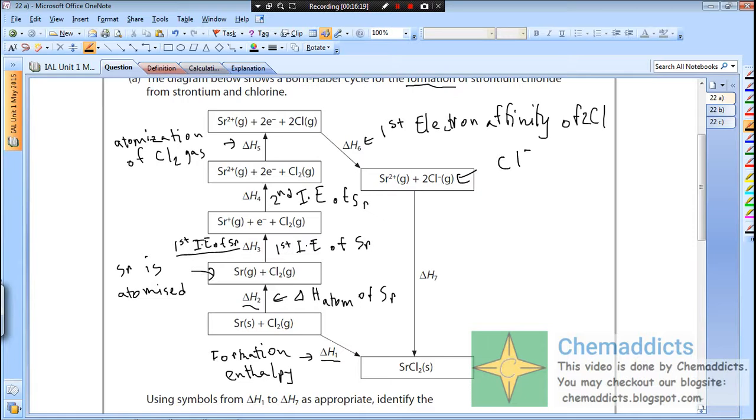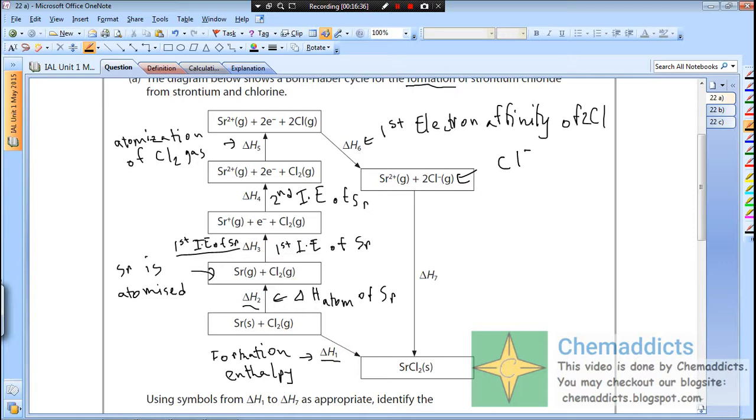Okay, so that is why the arrow is downward. So I hope that explains why this should be the endothermic reaction. Okay, why the energy is required over why the energy is released. Sorry, I'm really sorry for that. So why is the energy released over here?